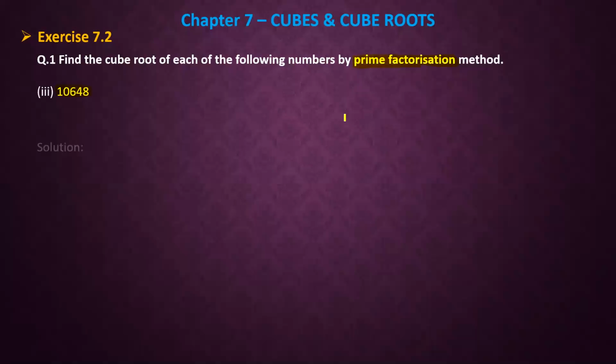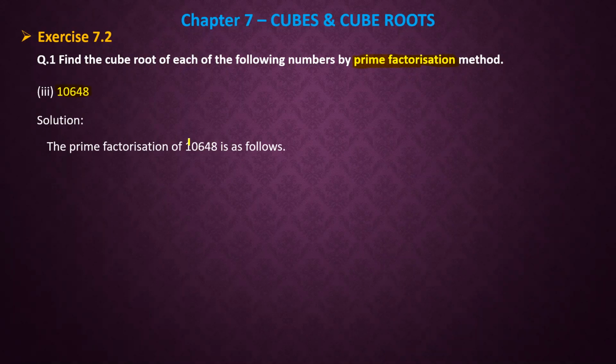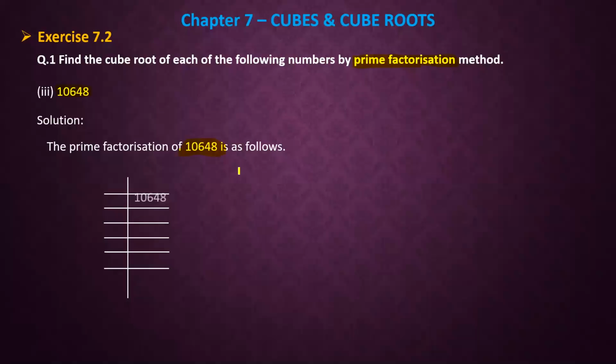So while considering the prime factorization of this number 10,648, we are going to consider the first prime factor as 2, because it is an even number. So the first prime factor we are going to take as 2.